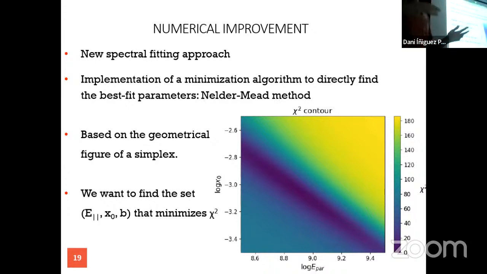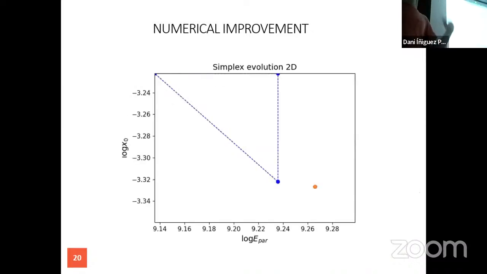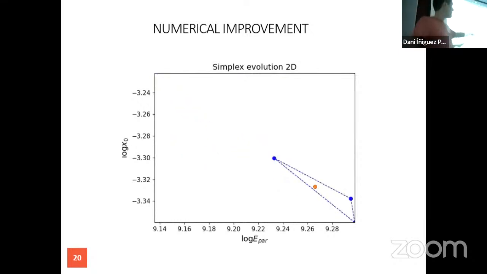In order to find this minimum, the simplex is left to evolve, being iteratively modified with a series of transformations, and is directed through the space of parameters up to the region of the minimum. Here you can see how this evolution goes. The simplex is modified, it reaches the region of the minimum, and once it reaches this region, it swings around and finds the minimum.